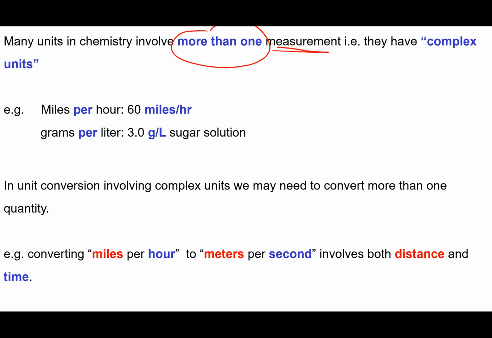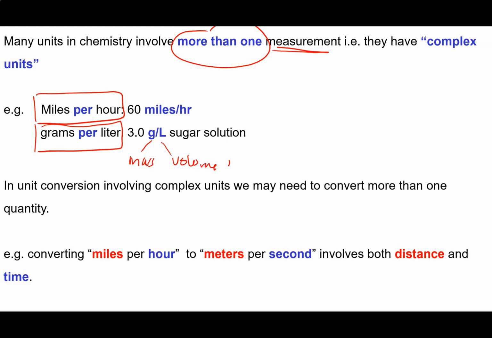Some familiar examples are miles per hour, where the measurement has a unit of length and a unit of time. Density, which is often expressed as grams per liter, has a unit of mass and a unit of volume, all in the one unit.